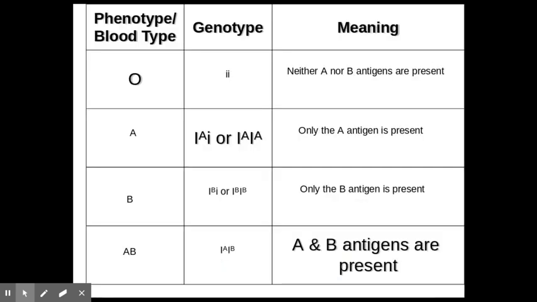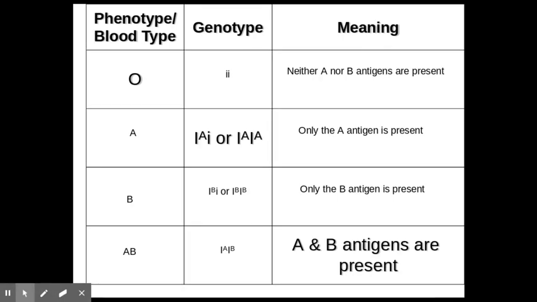So this is what it looks like. We use I's to represent our bloods, and then we attach big A's or big B's, and then we have little i's to represent O. So in this table, O is represented by two little i's. Neither A nor B antigens are present. A can be two types.